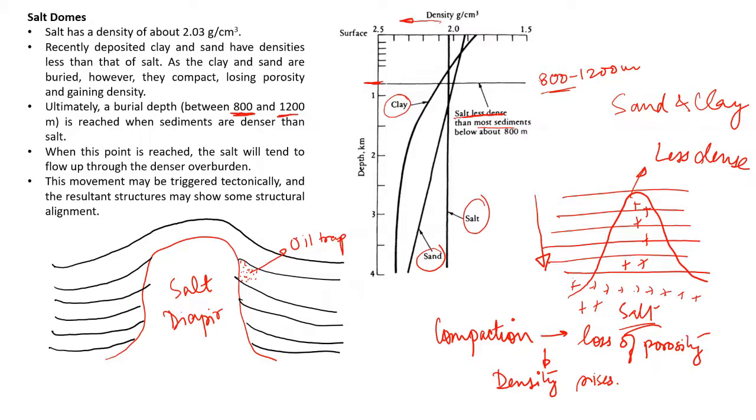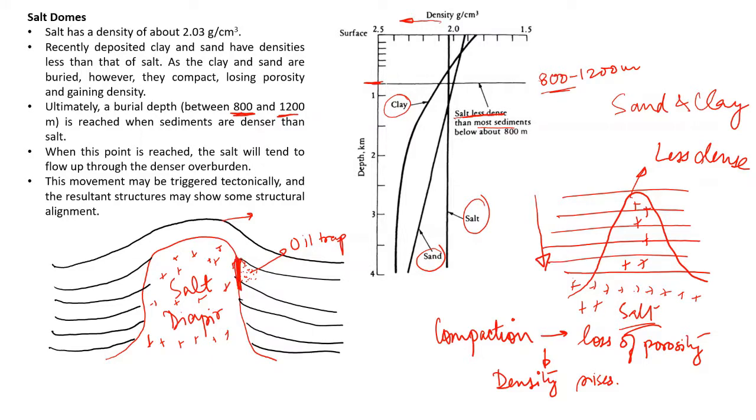So this trap is formed by the salt diapir, which was basically a denser layer, but due to compaction at a depth of almost 1 kilometer, the salt becomes less dense, pushes itself up, leading to the formation of these anticlinal structures, which is also called a drape anticline, or these structures which just pinch out over here on the boundaries of this, and they form a trap.